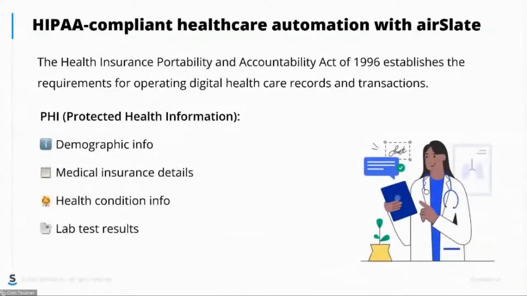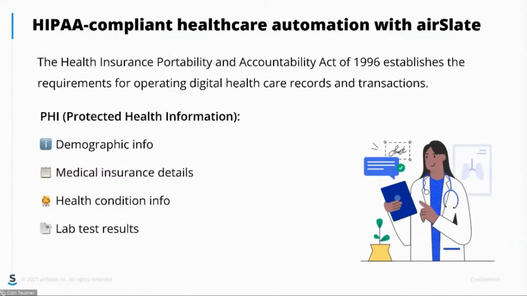So how do we do healthcare automation in a HIPAA compliant way? There's a variety of PHI, of course, that you're dealing with in your practice, and we enable our customers to build HIPAA compliant automations. So you can design processes that protect PHI. airSlate ourselves, we can't access the information that's in these documents as it goes through our servers.